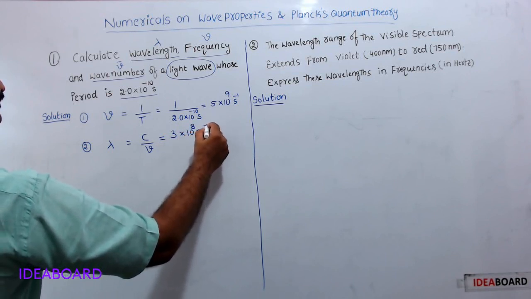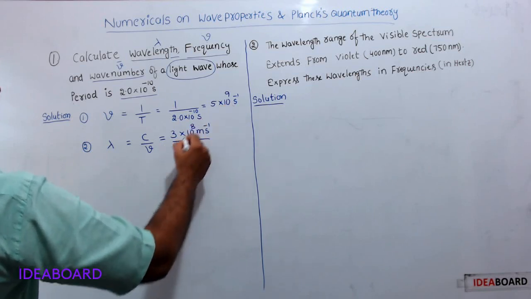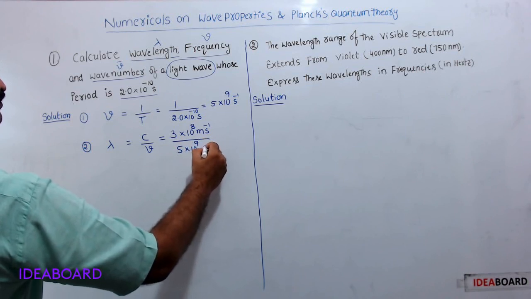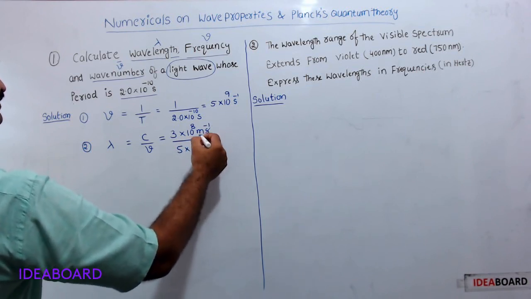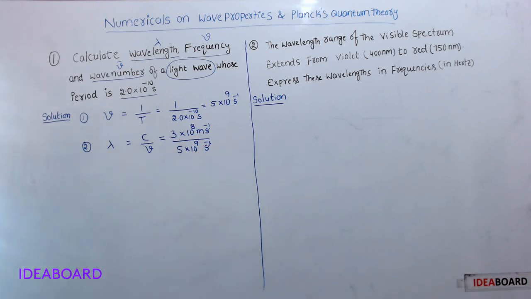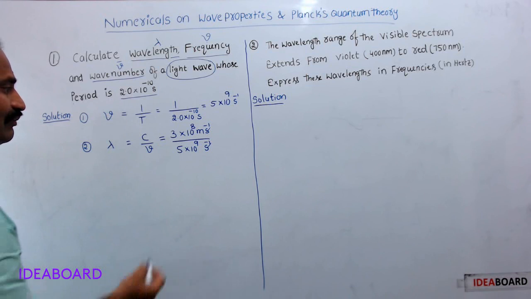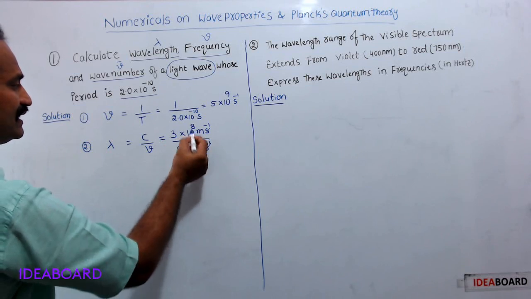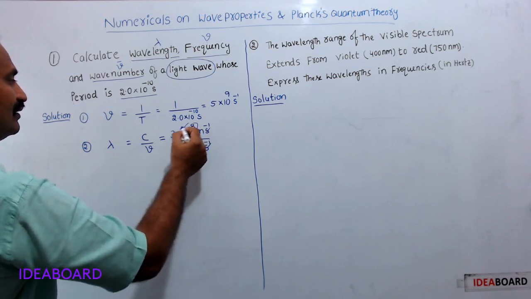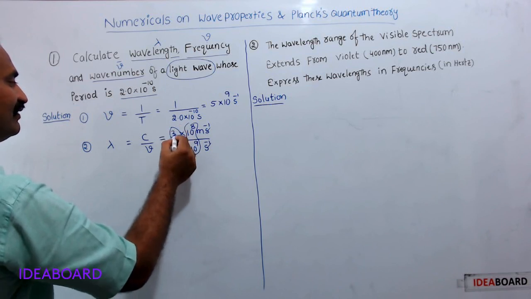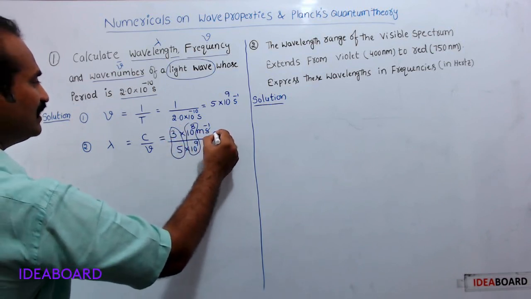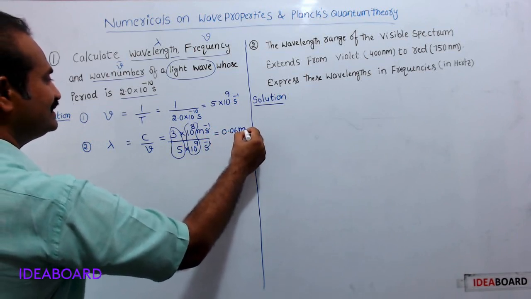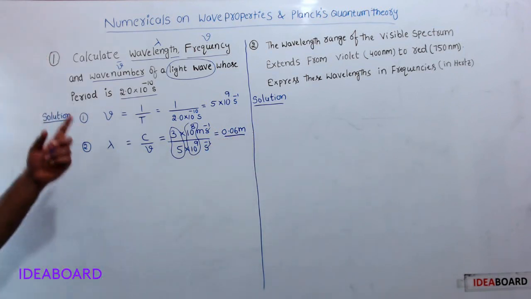The frequency we just found is 5 into 10 power 9 second inverse. So the second inverse cancels out. 10 power 8 divided by 10 power 9 is 10 power minus 1. 3 by 5 is 0.6, so 0.6 into 0.1 gives 0.06 meters. This is the wavelength of the given light wave.